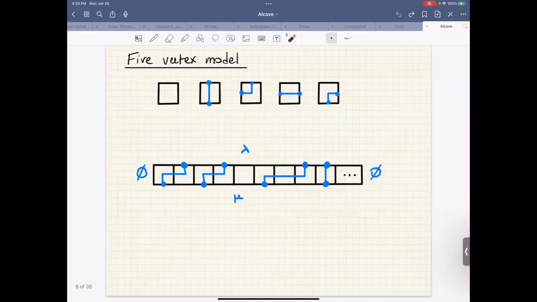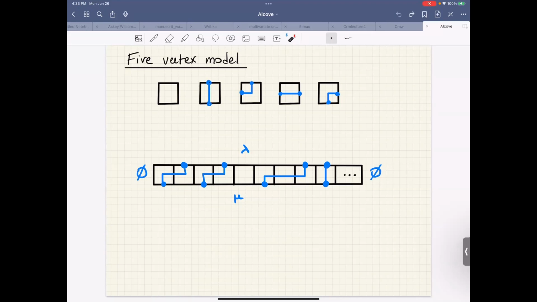So now what's a 5 vertex model? You just take little unit squares, and it's 5 because there are 5 different pieces of the puzzle you can use. You can have a path going up, a path entering left and going up, a path going to the right, and a path entering down and going to the right. Now you don't want to only look at puzzle pieces, you want to glue them together.